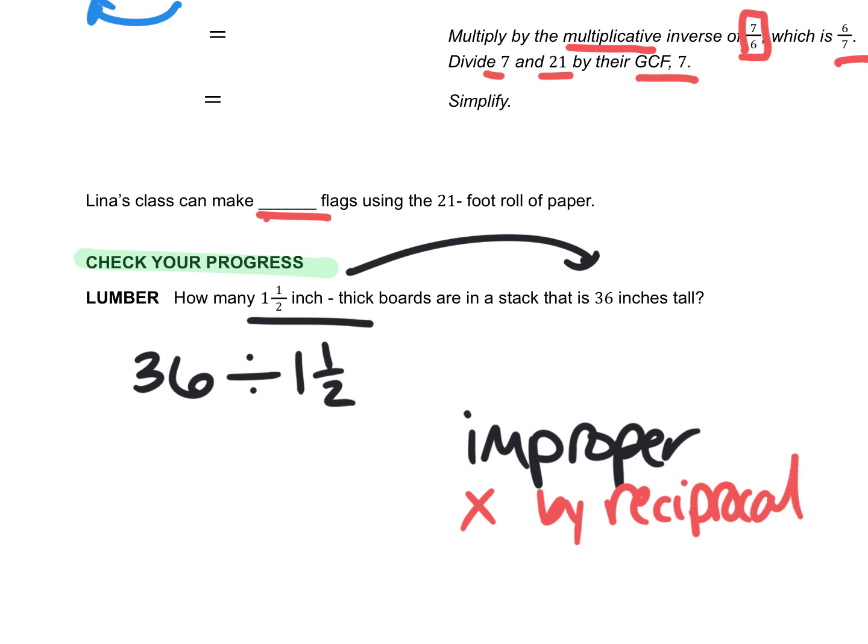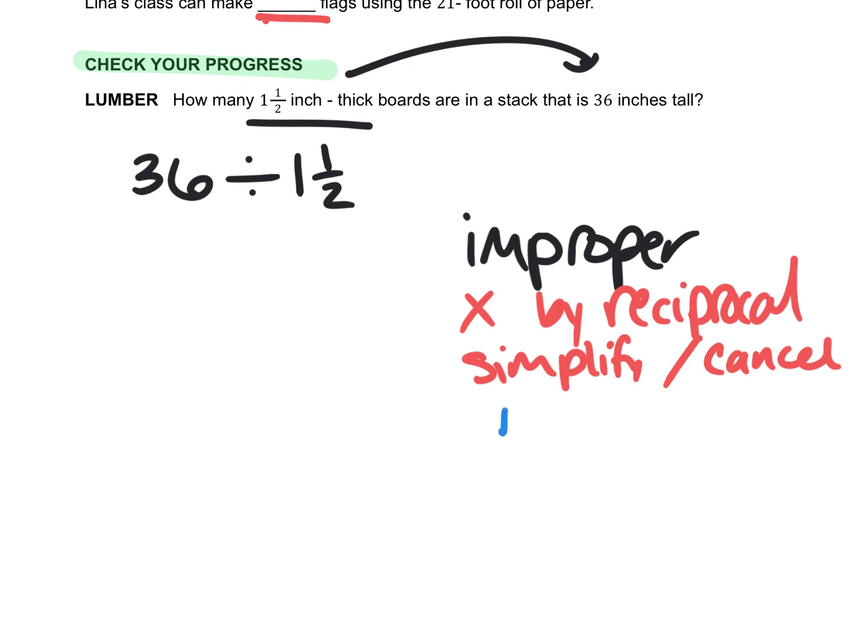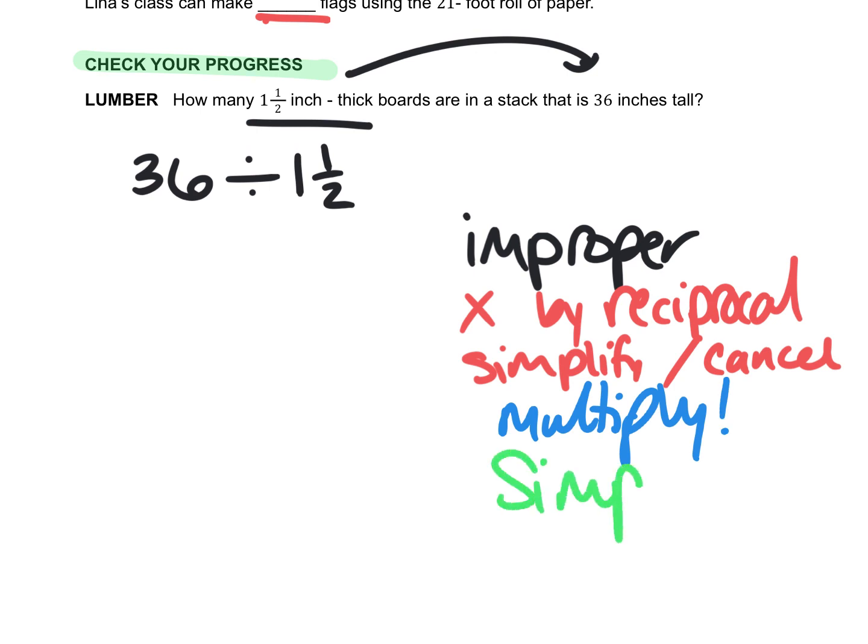And then can you cross cancel or simplify? And then you will multiply across. And then you'll simplify your answer. You can do it. I want to see your awesome effort. You don't have to be an expert yet, but you do have to try your best.